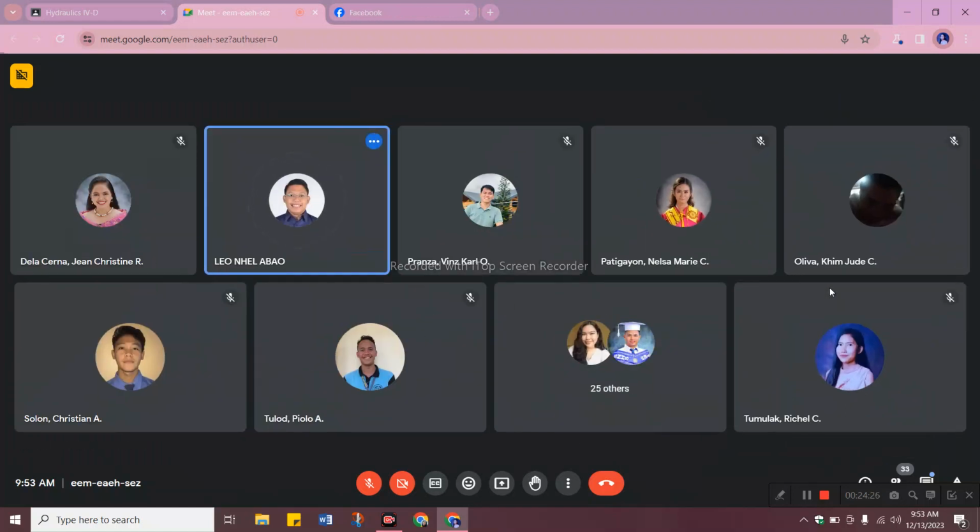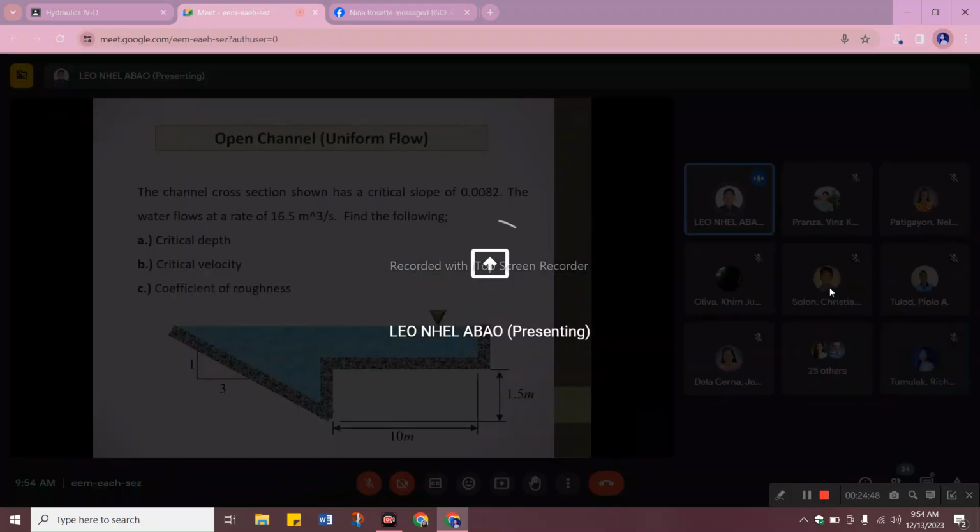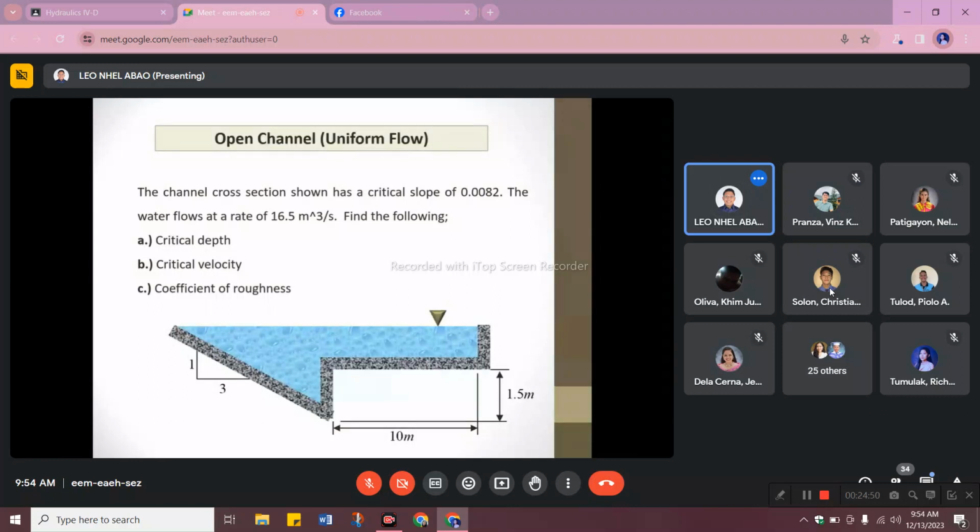Anyway, if you are interested, you can also solve this one to practice for your finals.